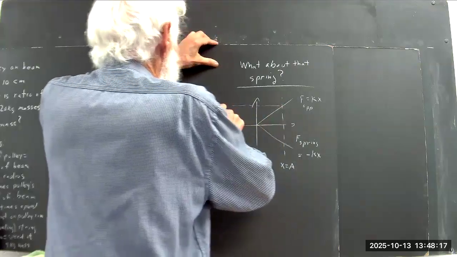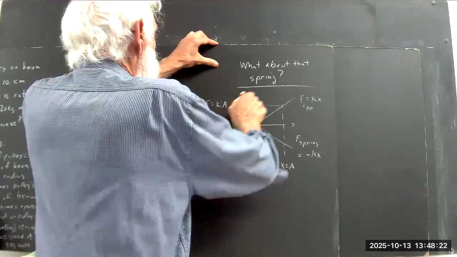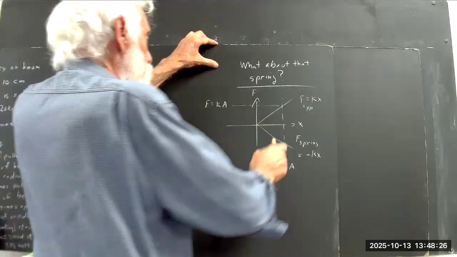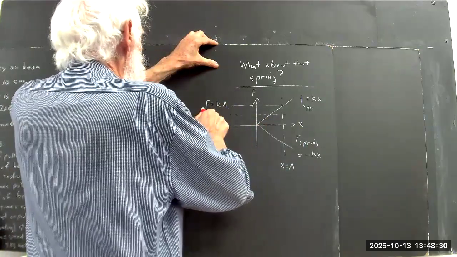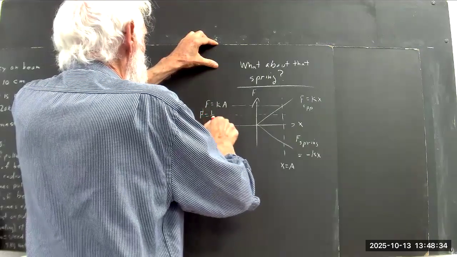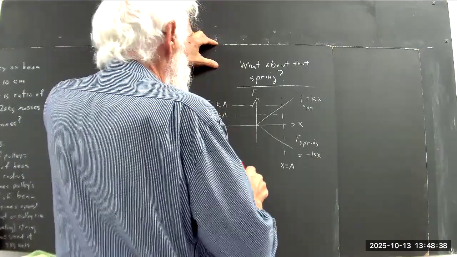What we have here is F equals kA. So the midpoint down here is F equals 1/2 kA.